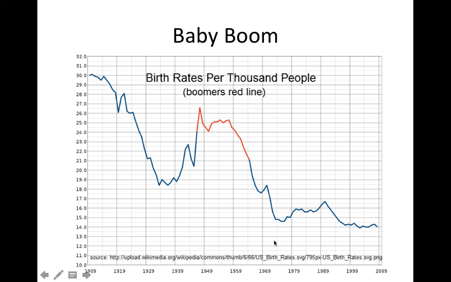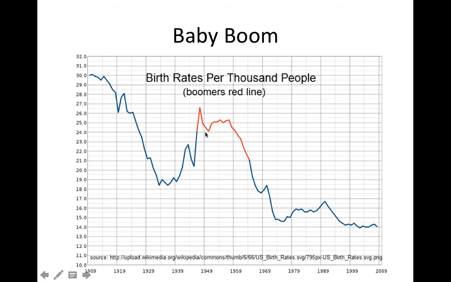The fourth, and I think it's the final trend, is the baby boom. You've heard about the baby boom. You can see before the Depression, the birth rate was very high. Back in the early or turn of the century, most families had many, many babies, and then it began to decline.